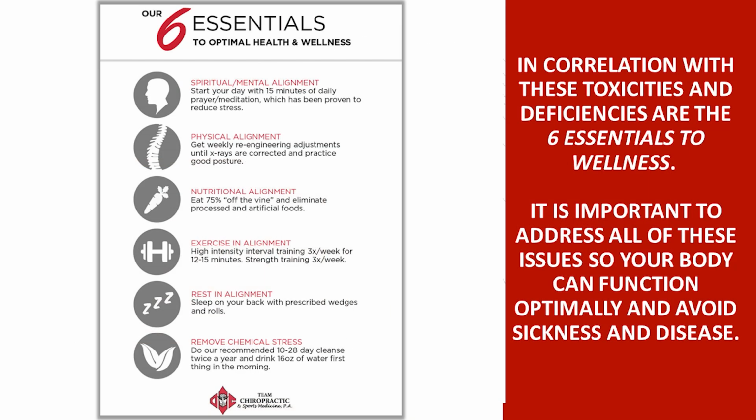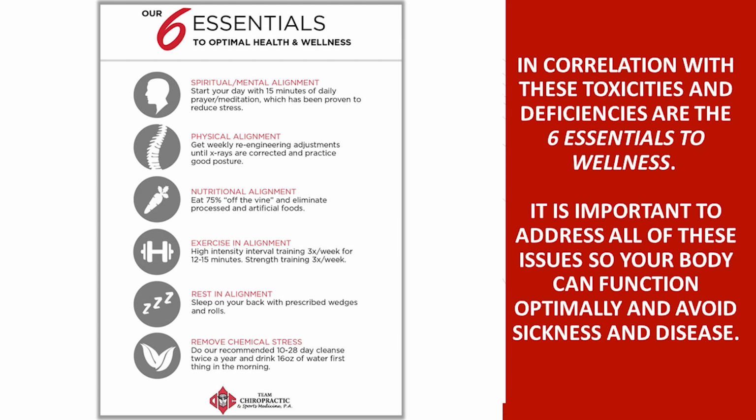And then live out the 6 essentials of health. This is the key thing, the most important thing that I think we talk about in any of our workshops to make us healthy and really build that health is, we start out with that spiritual, mental alignment, 15 minutes every day in prayer, meditation. We get our physical alignment. You're getting those spinal re-engineering adjustments and that mirror image position weekly until the x-rays are corrected.